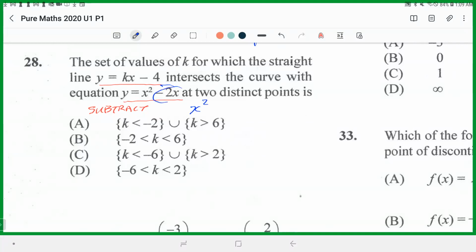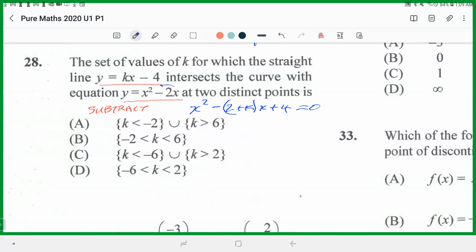Then the minus 2x and the minus kx gives me minus 2 plus k, times x. And then nothing minus the negative 4 gives me plus 4. And that is equal to 0.